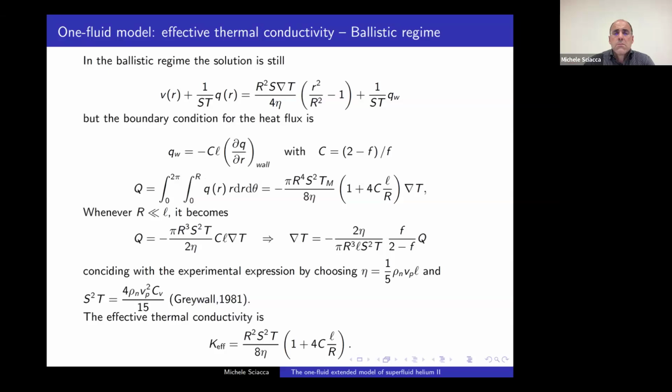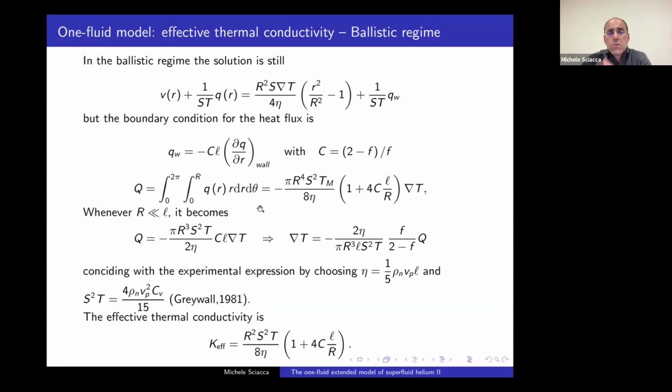In the ballistic regime, following the same procedure, the solution is the same, but we change the boundary condition. Essentially, the boundary condition is not zero for the flux on the wall, but we have brought this expression from microfluidics.